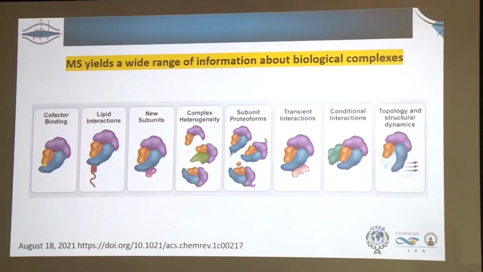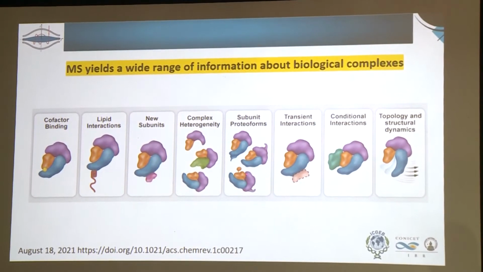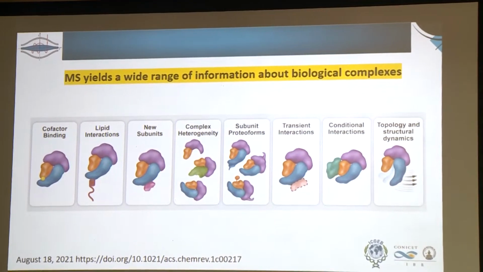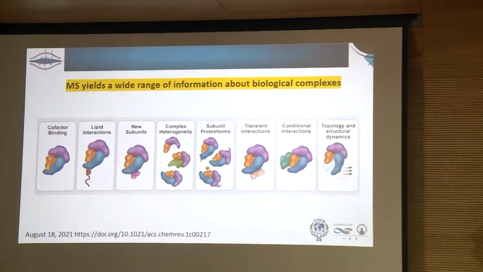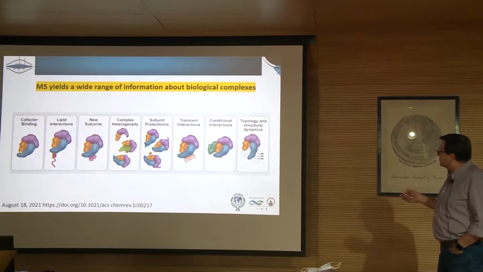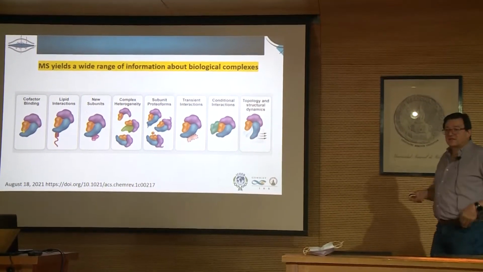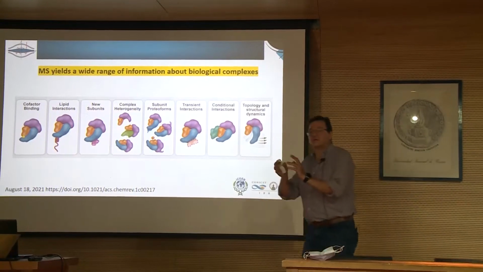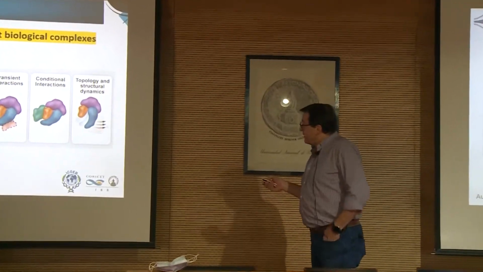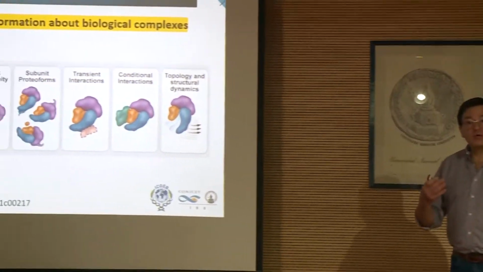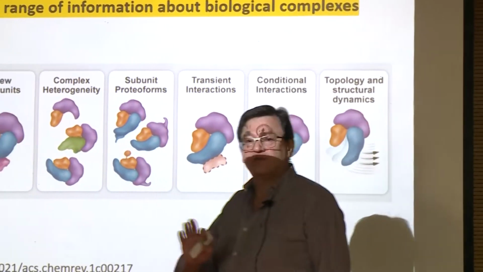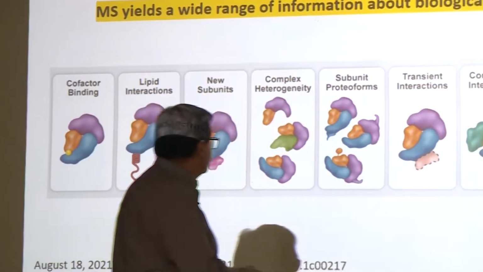You can have a heterogeneity of complexes or different proteoforms, that means conformational changes in the protein you are studying, or maybe some kind of transient or conditional interaction, or topology, where complex subunits may change the stoichiometry or the interaction with the complex. So all of these will give you a different proteolytic pattern, if you're lucky, of course. You always have to be lucky when you run experiments of this kind.